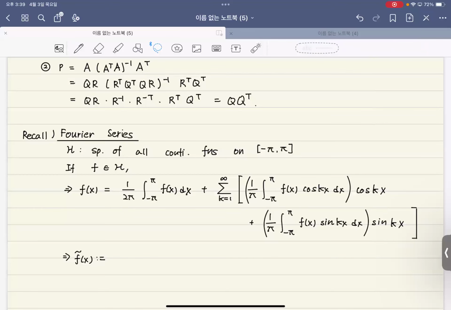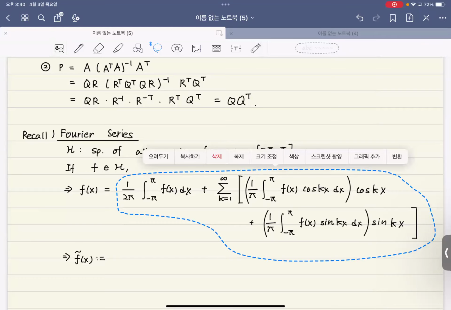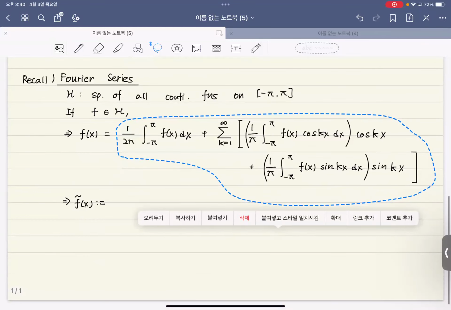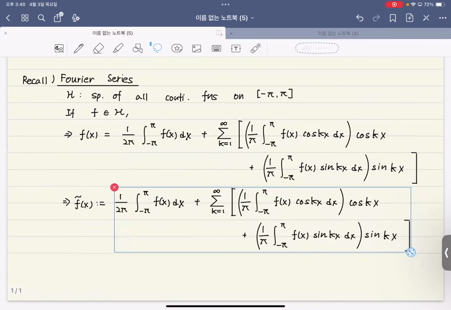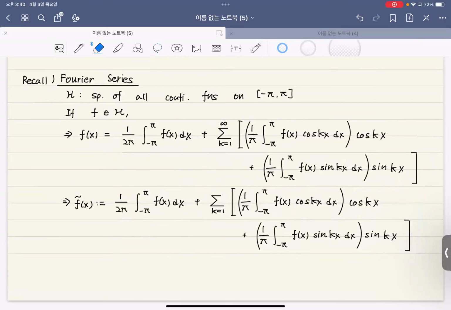I'm going to define a new function, but not completely different. But this time, this sum is not infinite, but a finite sum. It ends at k equals n.